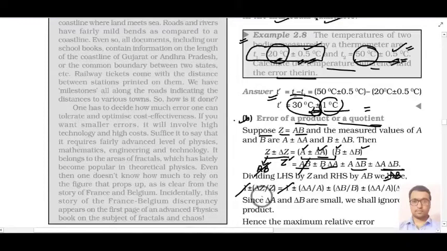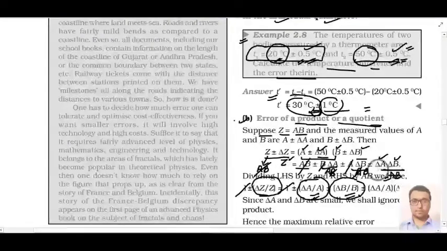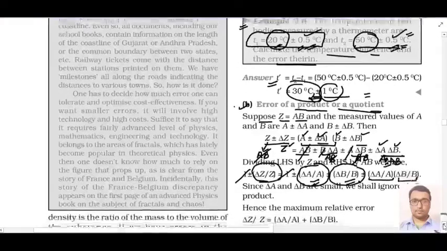Here you will get delta Z by Z, the first term, and B delta A upon AB gives delta A by A. Similarly, here you will get delta B by B, because if you divide by AB, A to A will cancel out and you get only delta B by B. And here, dividing by AB, you can write it as delta A upon A into delta B upon B.